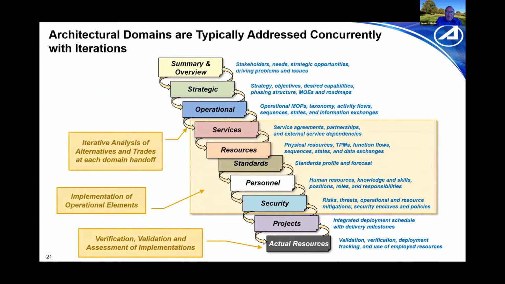So here it shows the kinds of information that is involved in each of those perspectives and those viewpoints. So in the middle here, everything here is there in the architecture to implement your strategy in your operations.